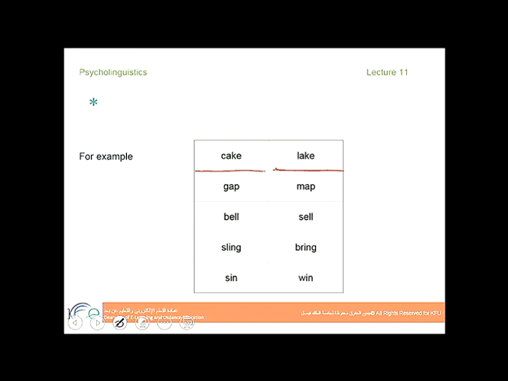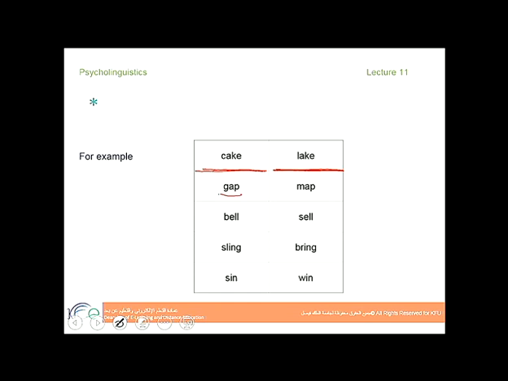They say, yes, it's a word. And then we show them the word lake. Do you think that they will respond to lake faster if it's preceded by the word cake, which sounds the same? Or they will respond faster if it's preceded by a word that does not sound the same, like gap?